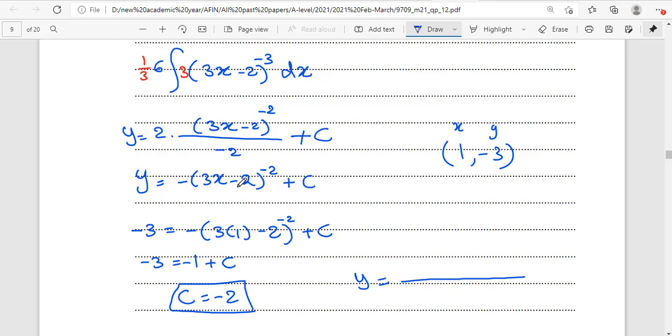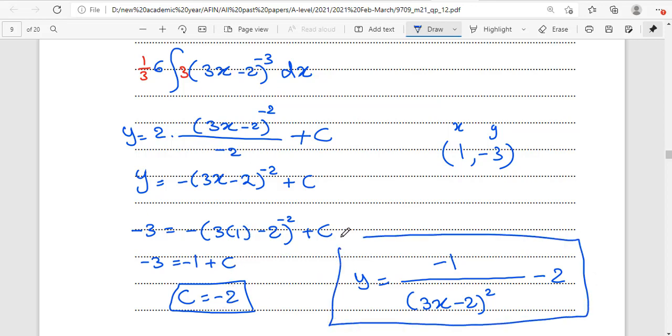So we send this to the denominator, then the power becomes positive again. Negative 1 in the numerator, (3x minus 2) squared, and we found c, it's negative 2, then we write minus 2. This is the curve. When you solve, make your answer clear, like I did with all of these workings out. I don't leave it here. I need to give a final answer.